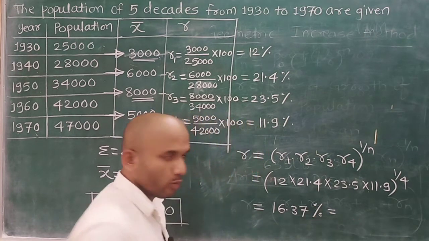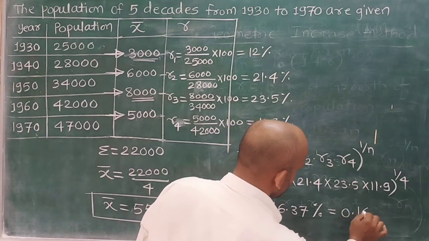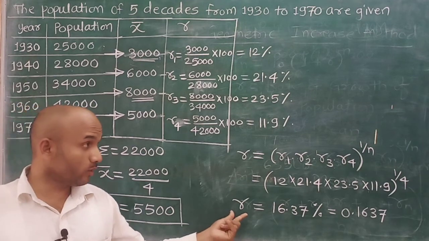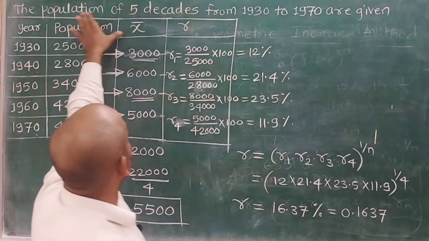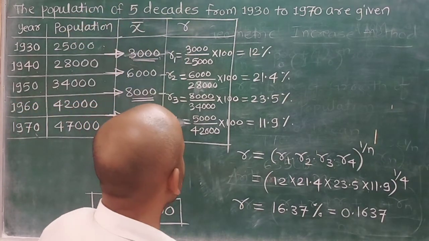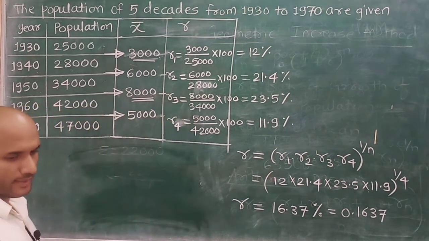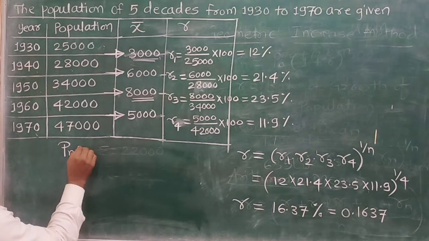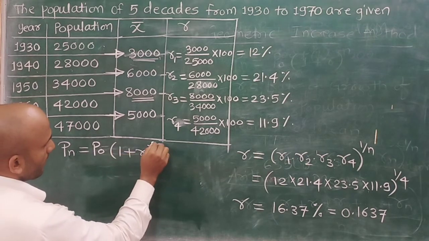Now convert into regular value, that is 0.1637. That is the value of R. Now use this value of R while calculating by geometric increase method. So what is the formula for geometric increase method? The formula is Pn is equal to P naught in bracket 1 plus R raised to power n.